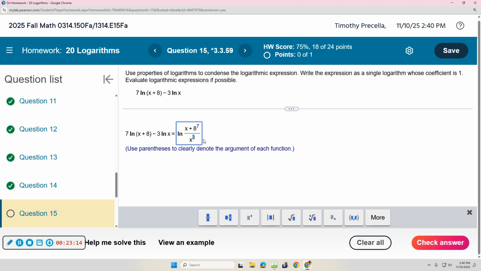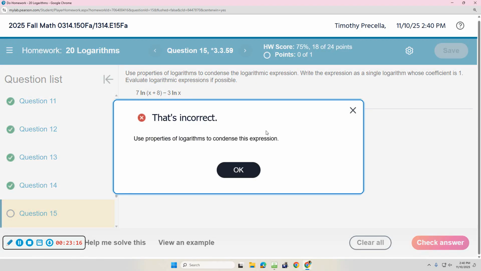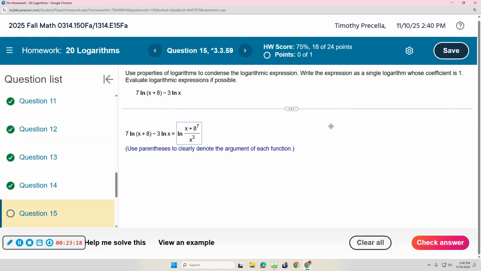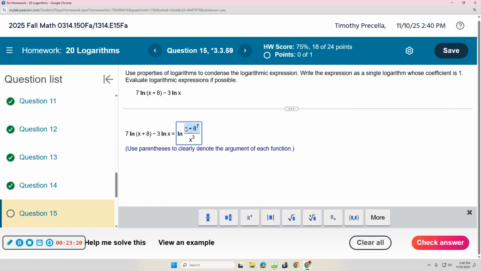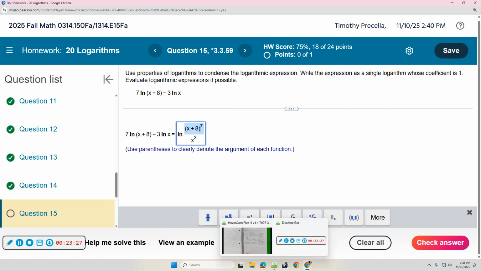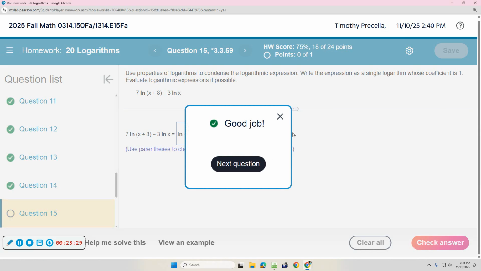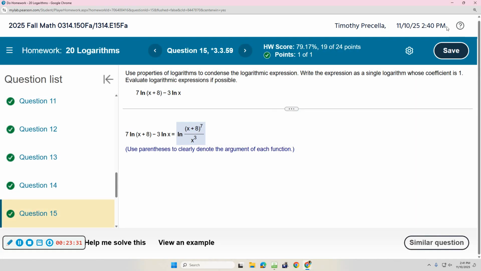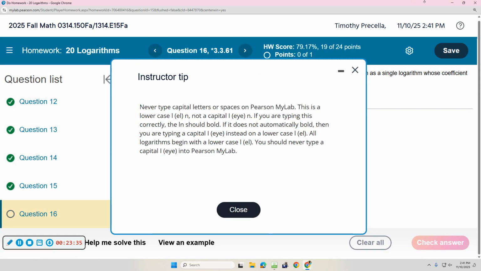They better not. No. Yeah, okay. And they don't give you a hint saying, check your parentheses. They just say, no, that's not right. There.